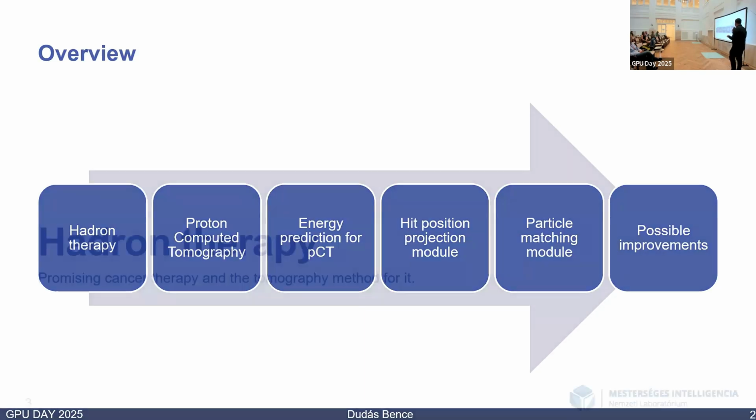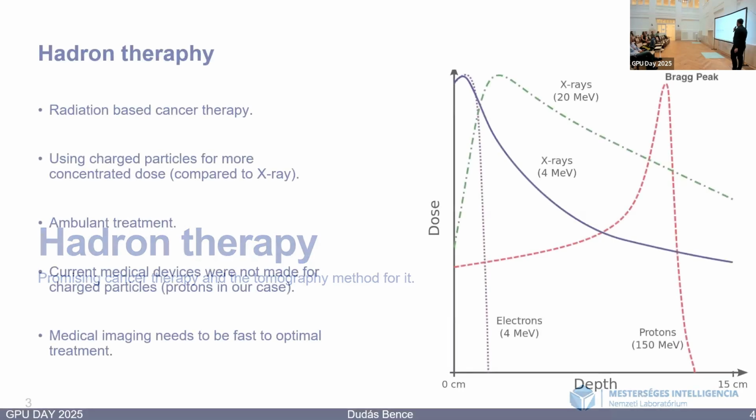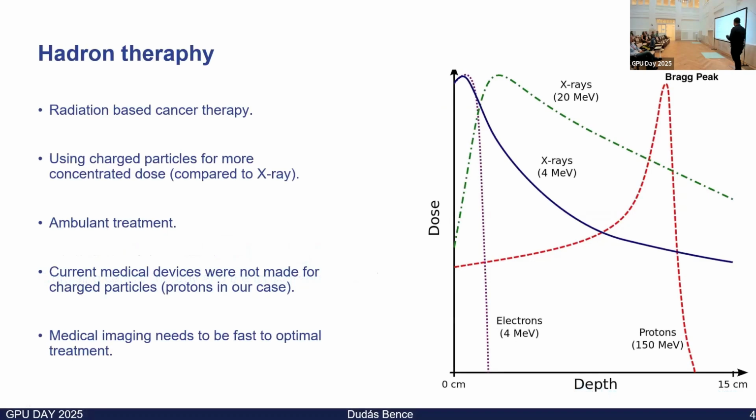So the motivation for pCT, or the necessity of pCT, lies in hadron therapy. Hadron therapy is a kind of cancer therapy. It's a radiation-based treatment, and it differs from traditional treatments, which use photons.